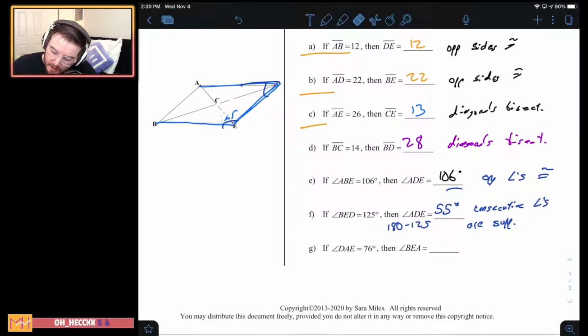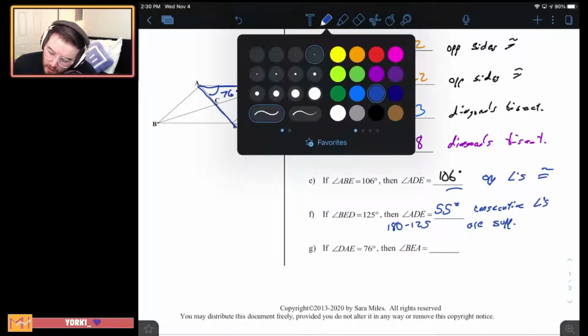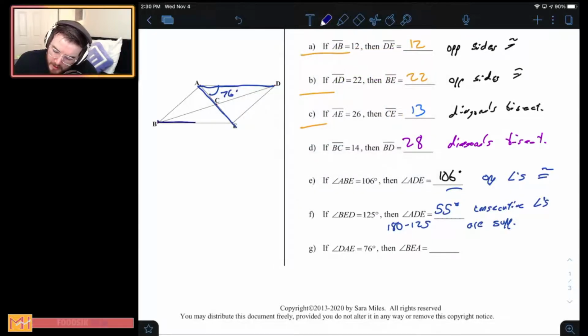And then last but not least here, D to A to E right there is 76 degrees. How large is B to E to A? Well, again, not to sound like a broken record, but these are parallel lines.